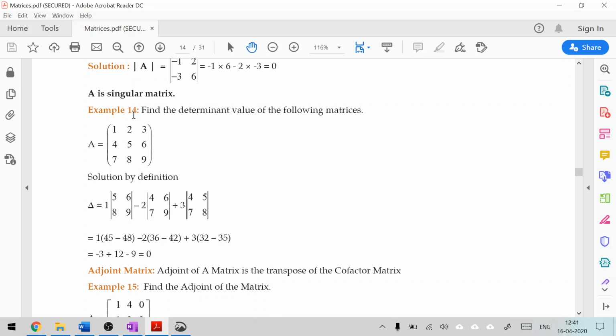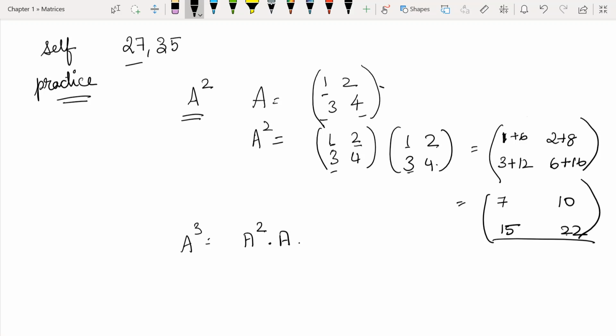Example 14. You can try example 14 also in addition to these two problems. Okay students, so see you all in the next video.